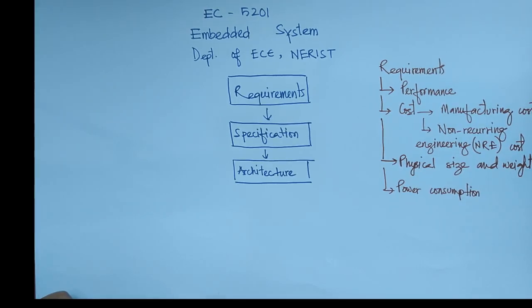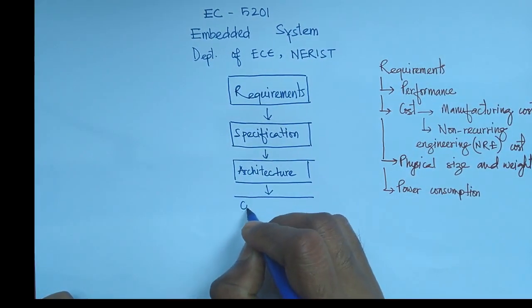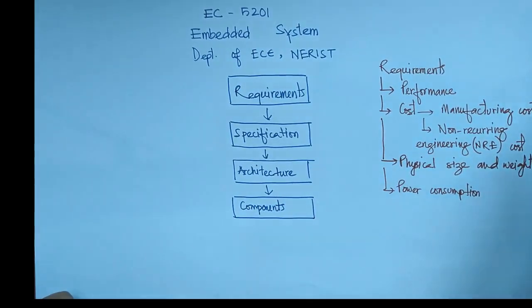Now after architecture, what we have is the components. Now component can be both hardware as well as the software part. Now in hardware we can have FPGA, we can also have boards, and then we can have microcontroller, etc. And to run the hardware we need some software.